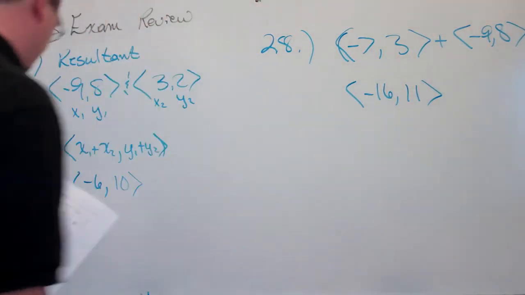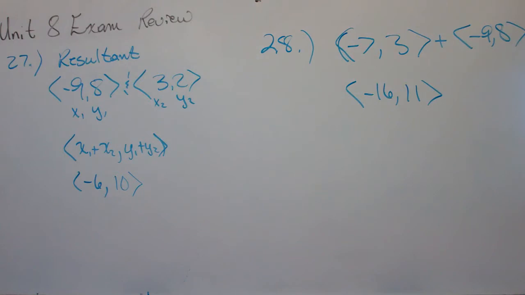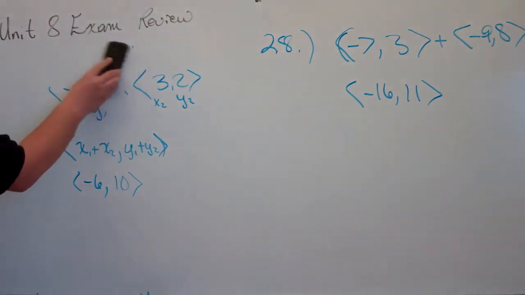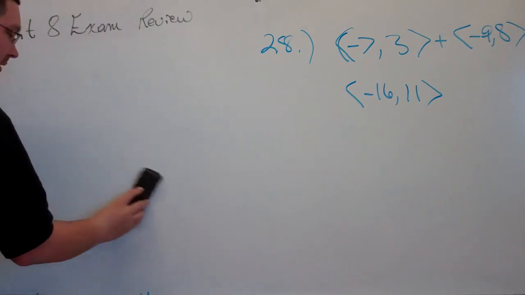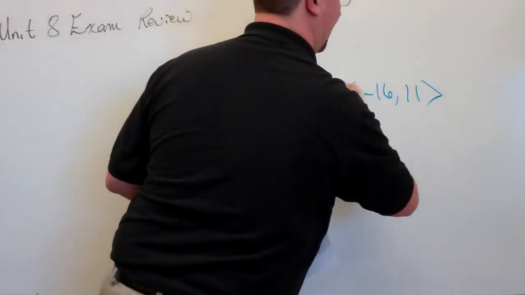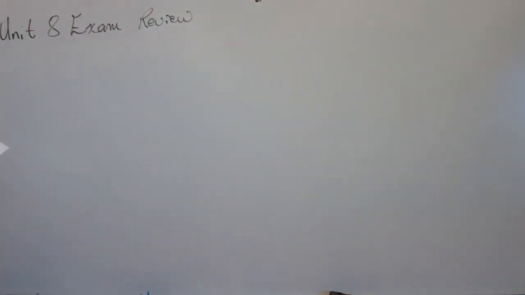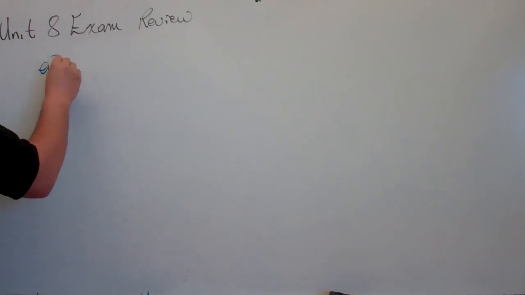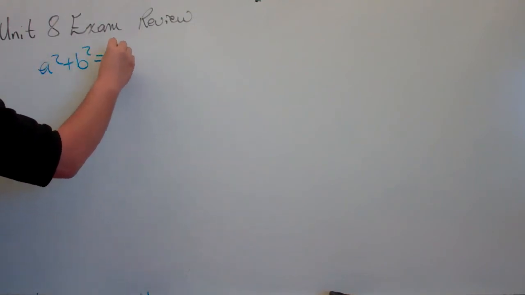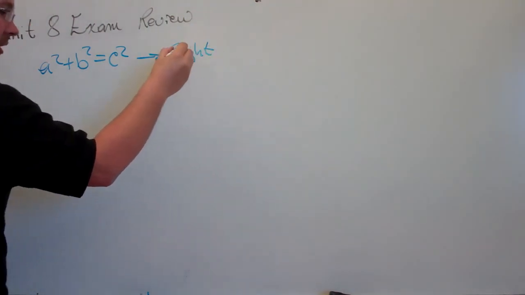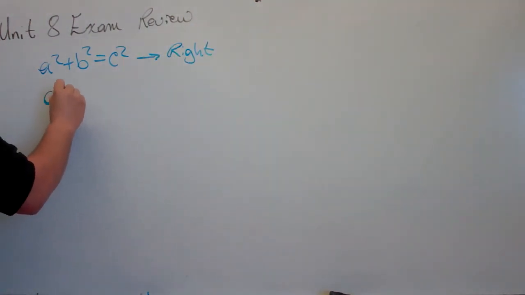Now 29 says, explain how triangles can be classified by comparing the squares of their sides. Well, all that means is basically how we classified them back in 11, 12, and 13. Remember, we did a squared plus b squared equals c squared. If that was true, you had a right triangle.